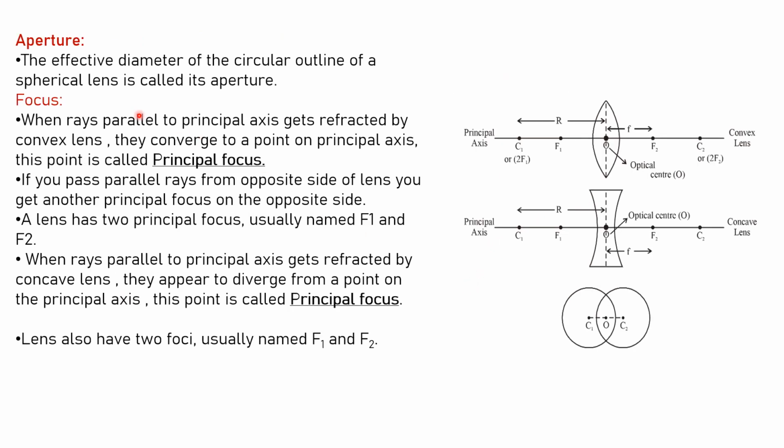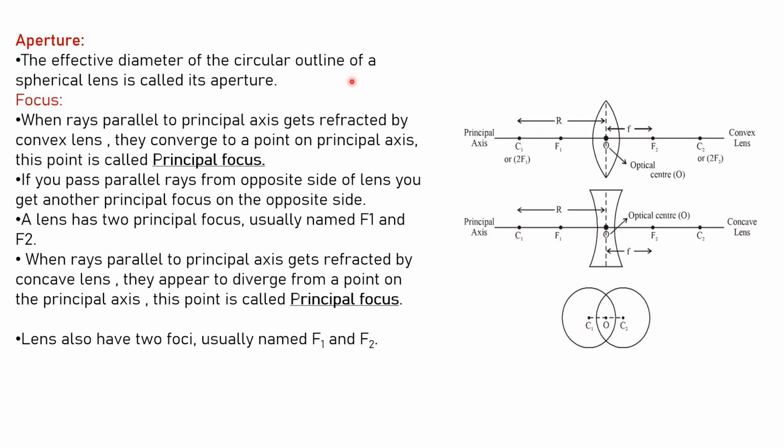Aperture is the effective diameter of the circular outline. From here till here, this will be the diameter of the circle, or it can be from here till here. So we consider the vertical one. This diameter is the aperture.